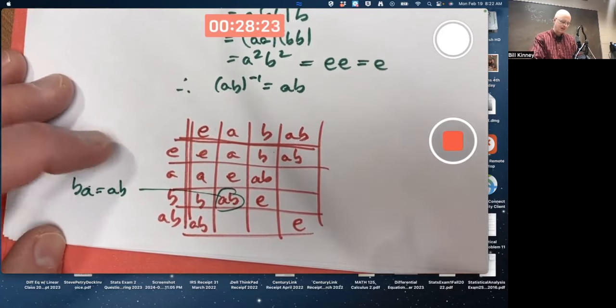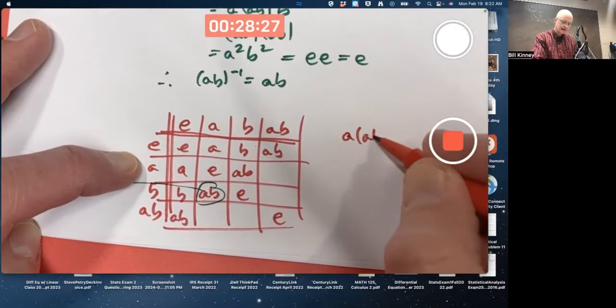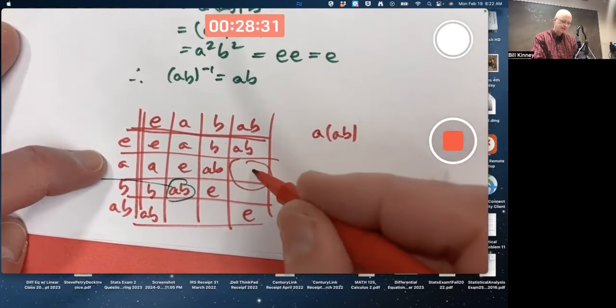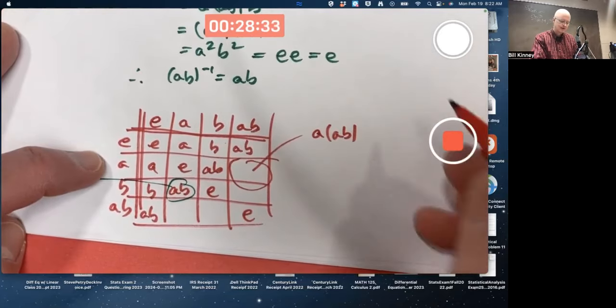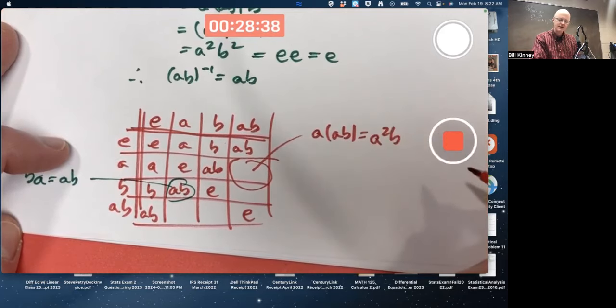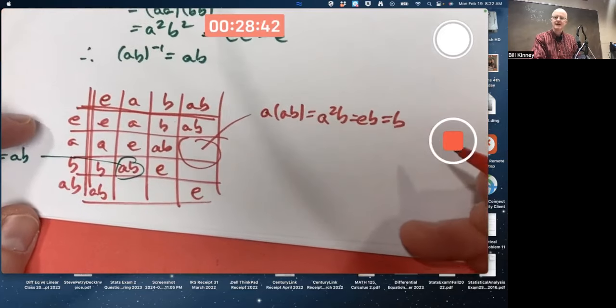Let's take it step by step. What about A times AB? Trying to fill in this spot right here. By the associative property, that's A squared times B, but A squared is E. This is B.